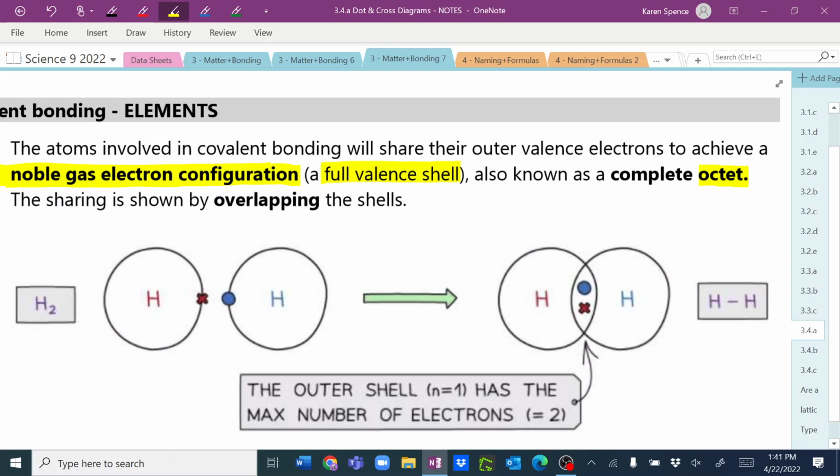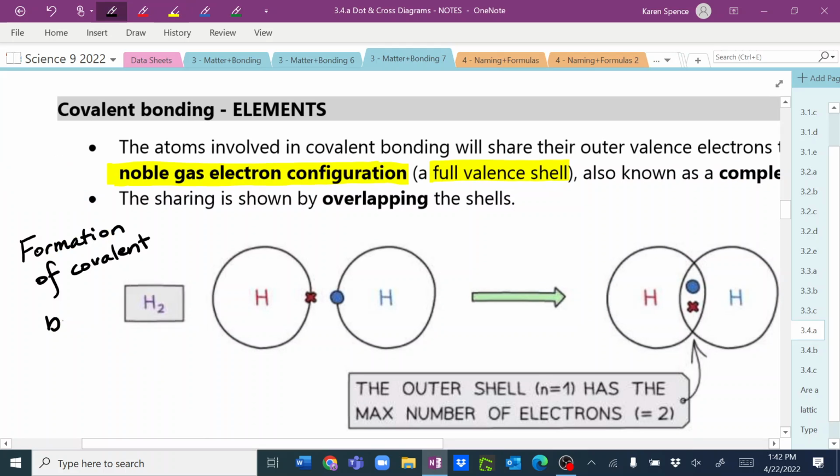So when we're drawing the formation of a covalent bond, we start by drawing the 2 atoms. So we have an atom, and we have the other atom, and you'll notice one of them has X's and one of them has dots, even though they're both hydrogen. And then we have an arrow.